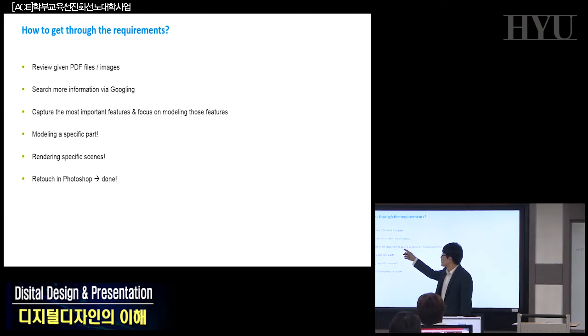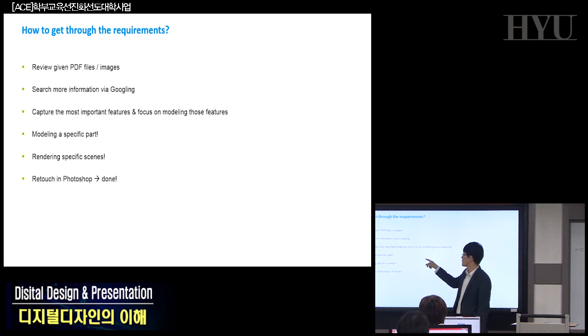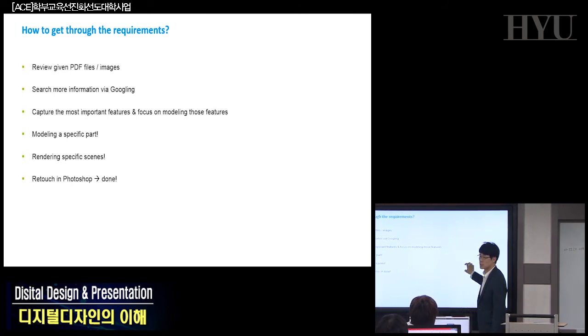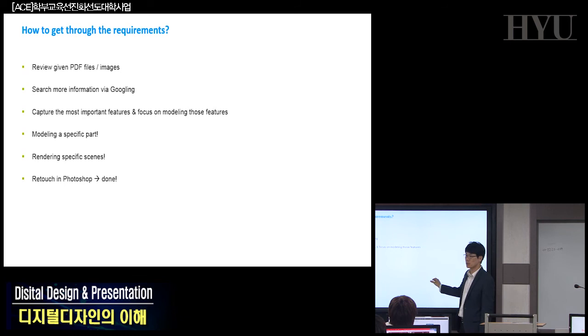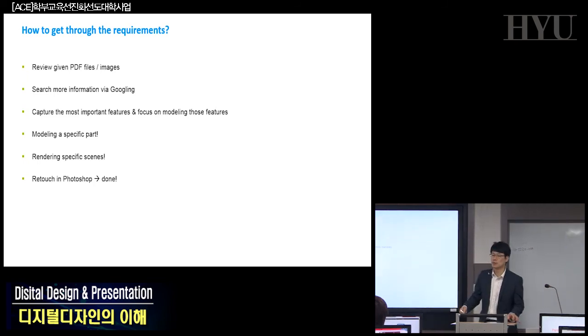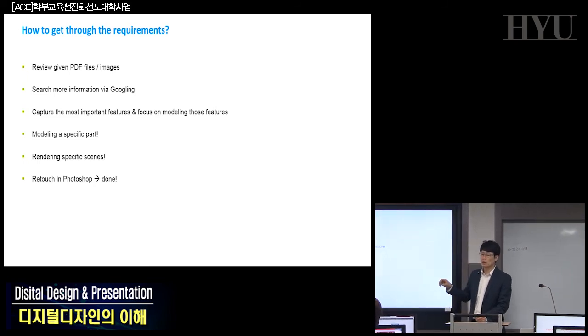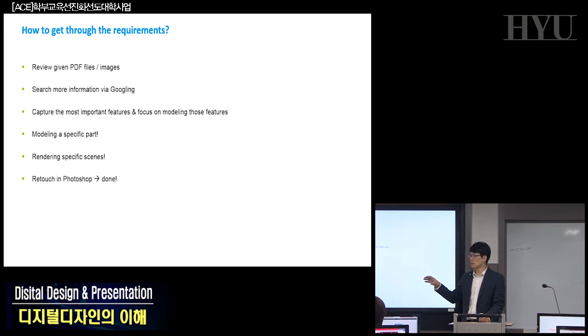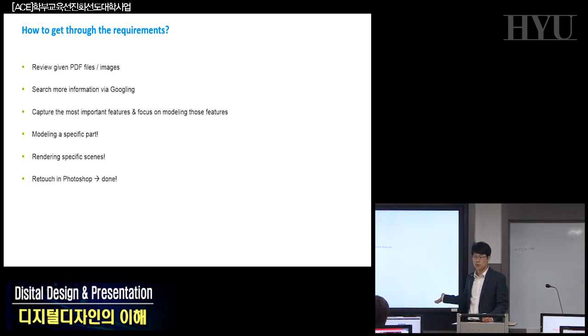Then you have to capture the most important features and the specific site, specific room, specific object, and so on. You don't need to take care of the entire building interior or exterior. You can focus on a specific lobby space for that hotel or a specific object, whatever.